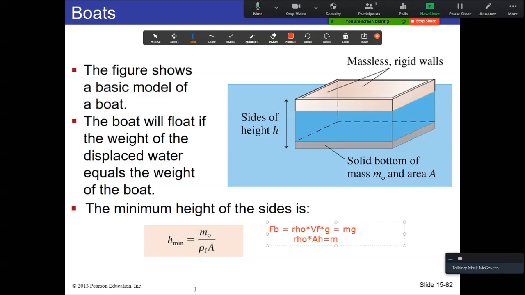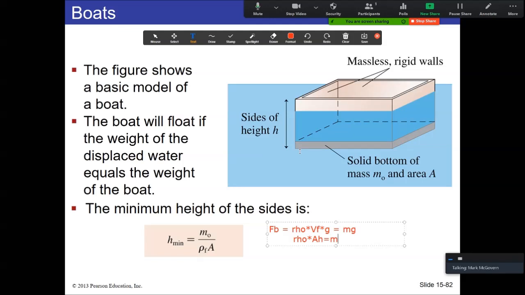But here's the same principle. We're just equating the weight of the object with the buoyant force. If we treat this object as a simple shape, then we can easily figure out a minimum size to support our object. Then of course you can figure out how much further down it is. It's the same thing: the ratio of volumes is also the ratio of heights.